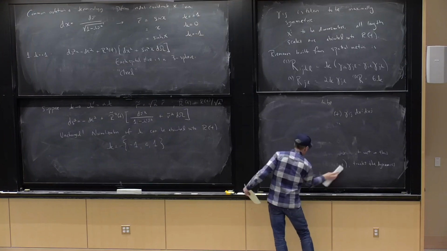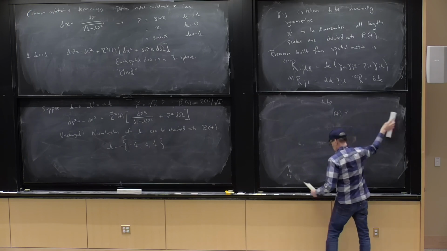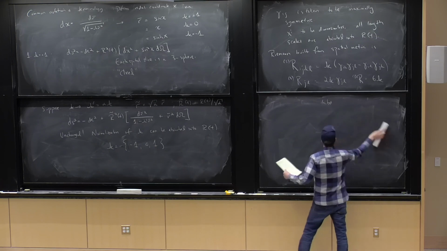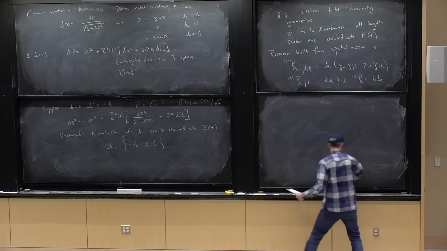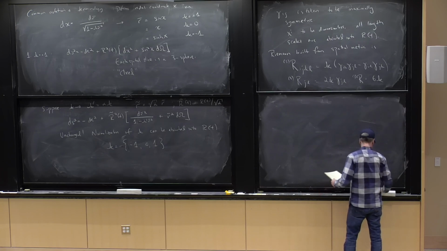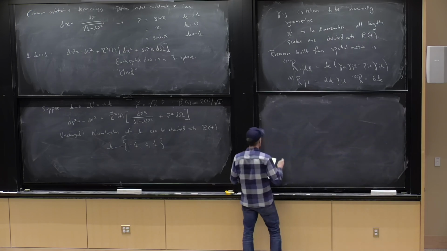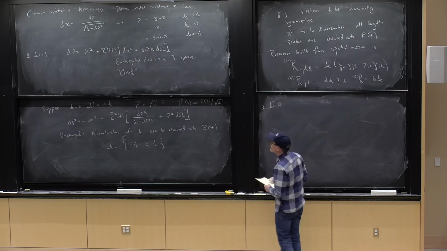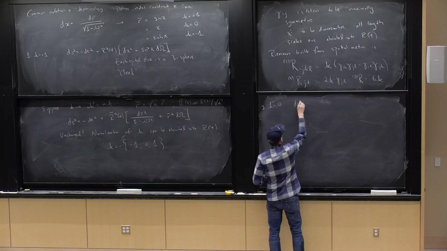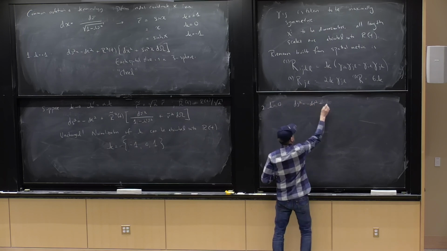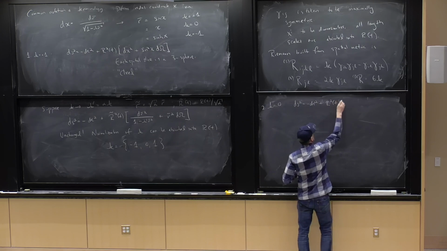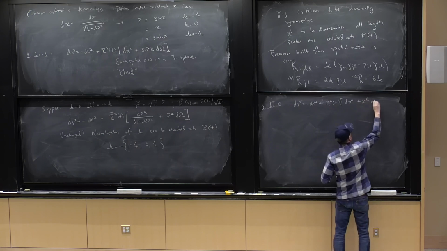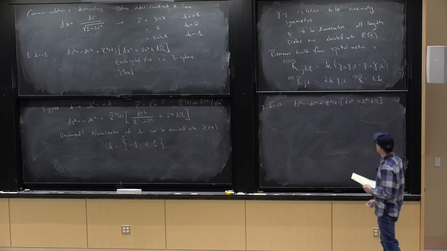Let's do k equals 0 next. If I do k equals 0, here's my line element.